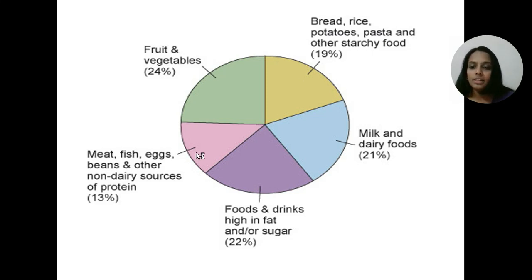Correct. Then here it is about meat products like meat, fish, eggs, and other non-dairy protein sources. So this represents basically protein. Although the smallest segment, these foods are crucial for building muscles and supporting body functions.